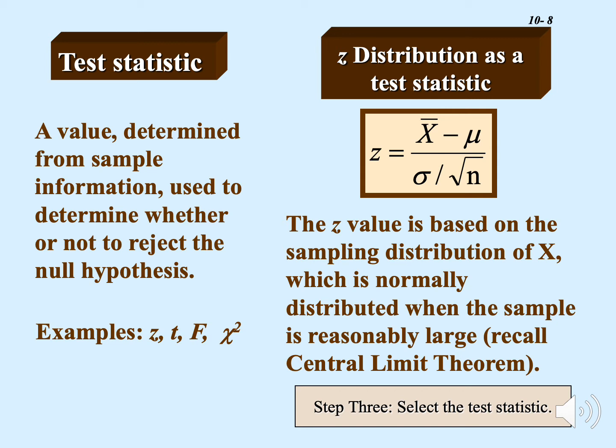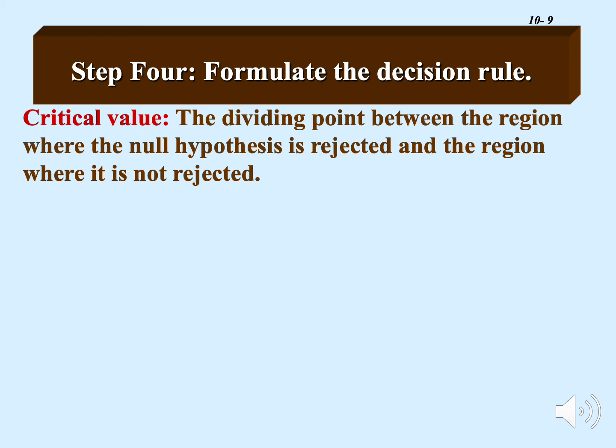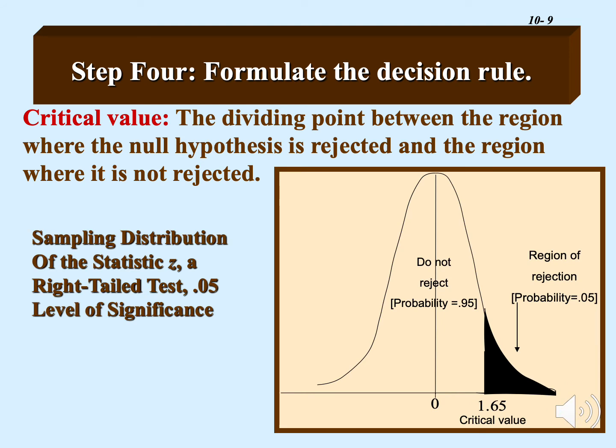Then the fourth step is you formulate the decision rule. That is based on the critical value. The critical value is the dividing point between the region where the null hypothesis is rejected and the region where it is not rejected. So for example, in this one, the critical value is 1.65 for the z, and that is equivalent to a 90% confidence level.